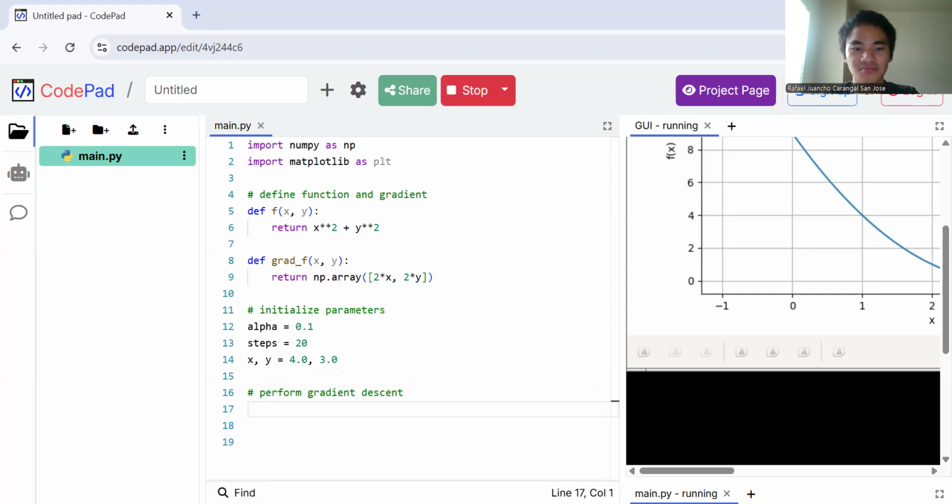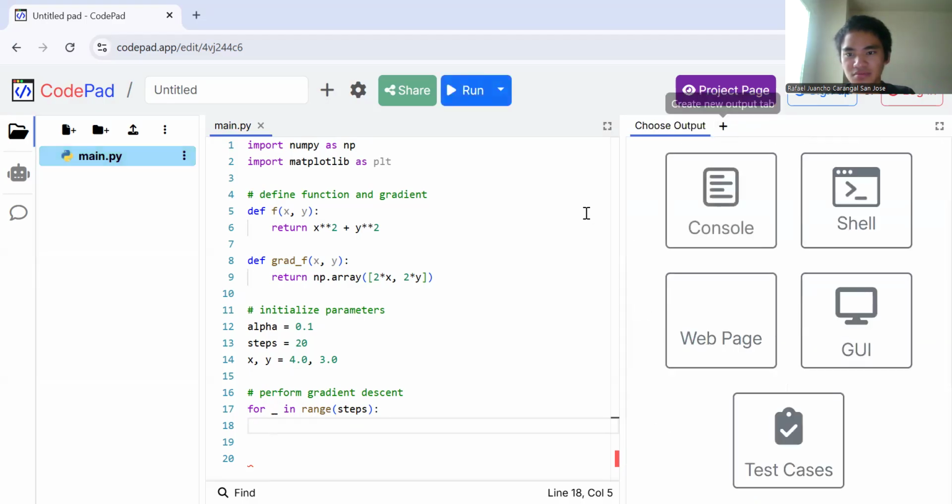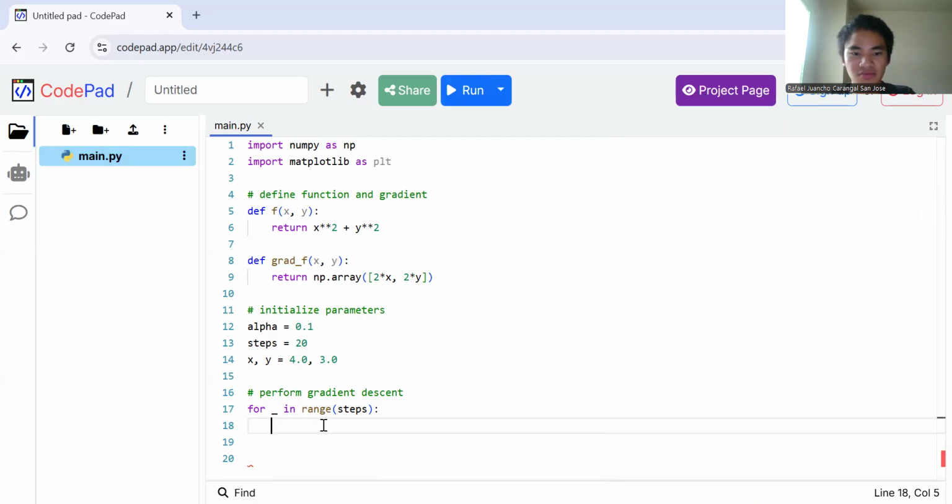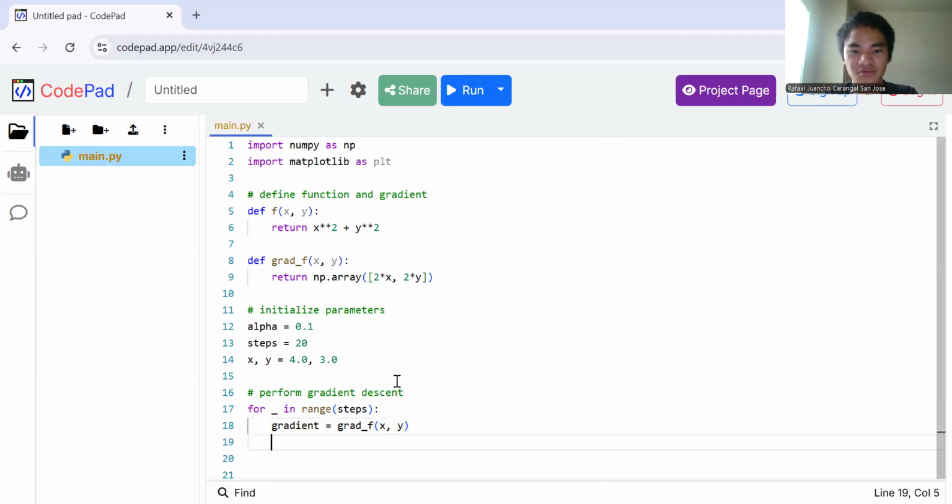So I'm gonna say for blank in range, we're gonna loop 20 times. And then here, I'm gonna get the gradient, which is grad f of x, y. I'm just gonna simplify like that.